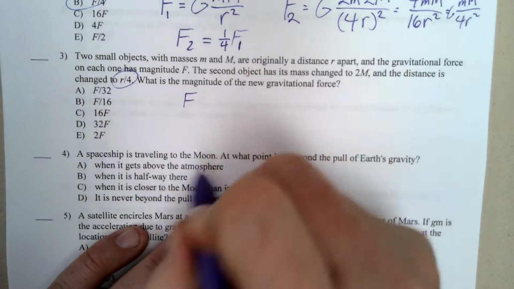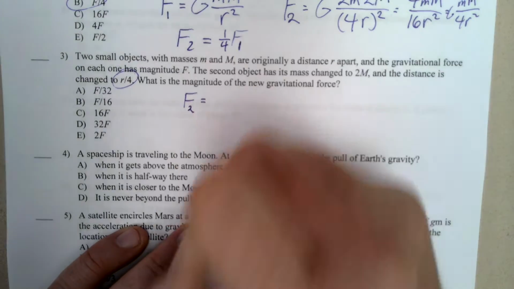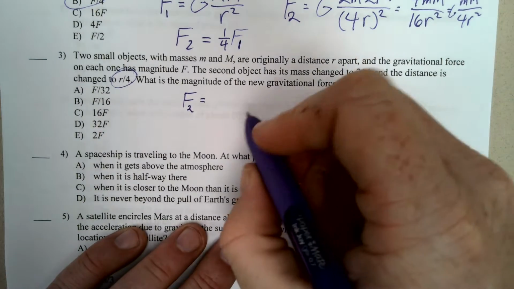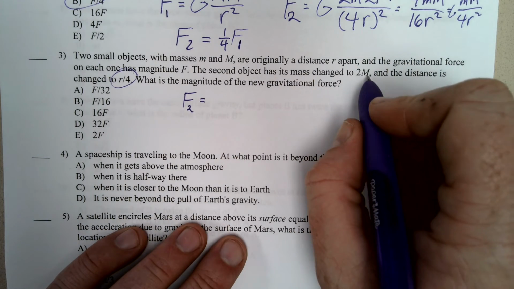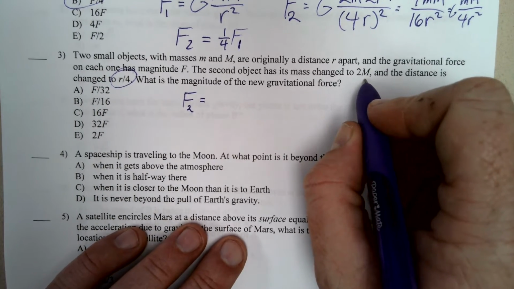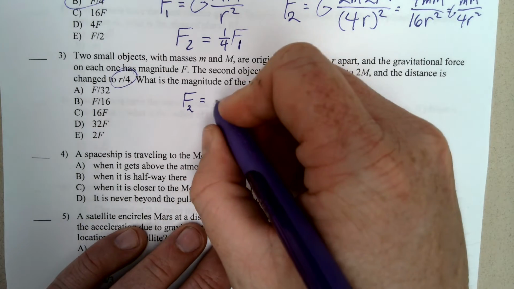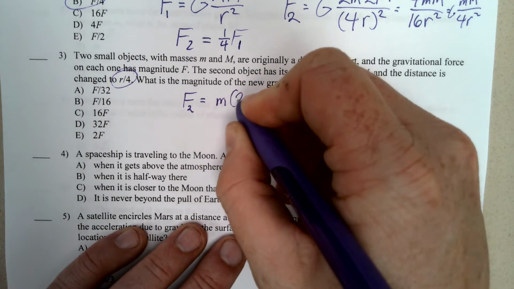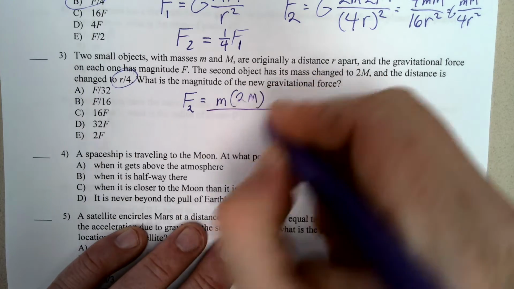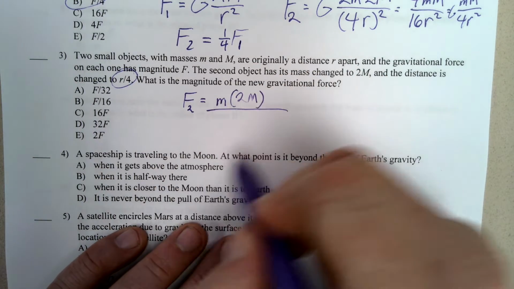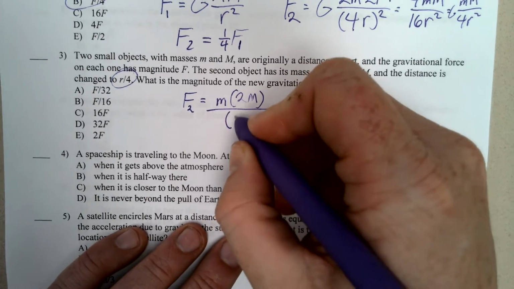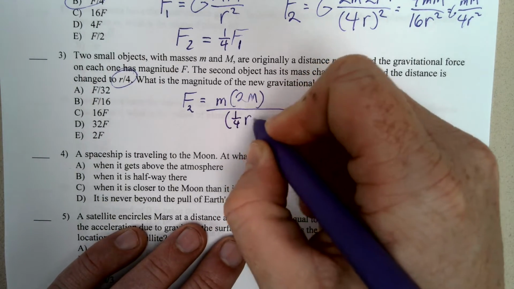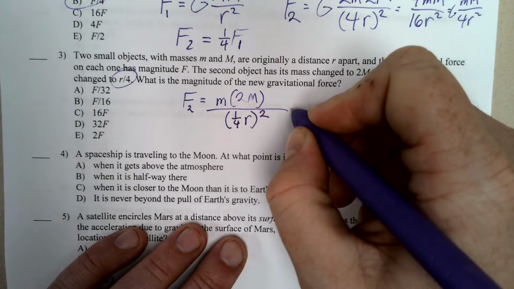Again, I'm just going to use this as a reference, but in this second situation, it looks like I only changed the mass of one object. So that's going to be m times 2m over, I've left the G off. We know the G doesn't matter. And that's going to be 1/4 r squared.